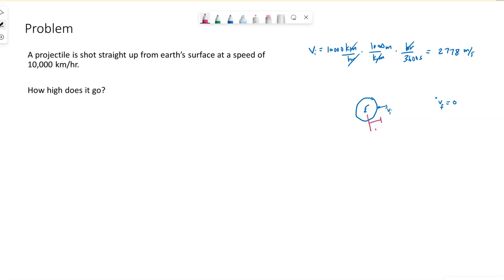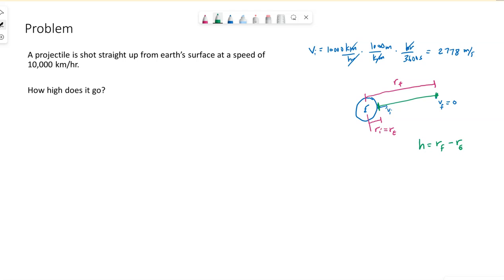So we have an initial R value, which would be the radius of the Earth, which we can pull off the test notes. We have a final R value, which is essentially what we're looking for. Now, really it wants to know how high it goes, so it's looking for the distance from here to here. So how high it goes will be our final minus the radius of the Earth.